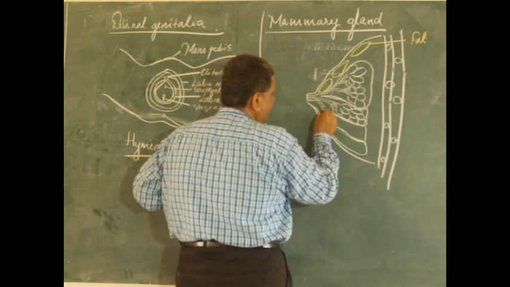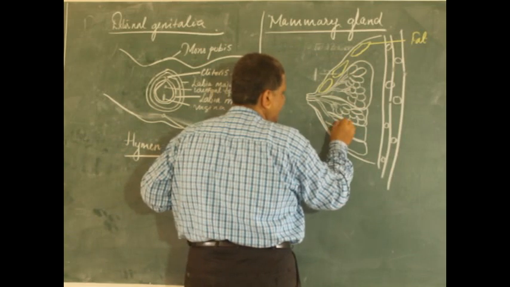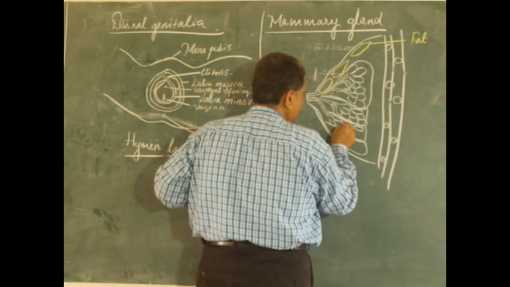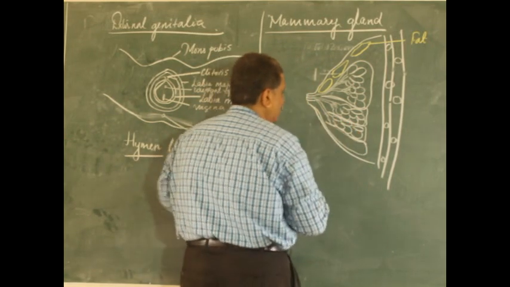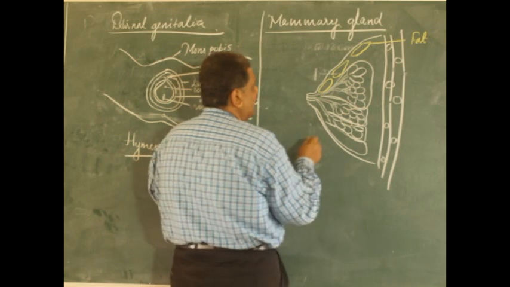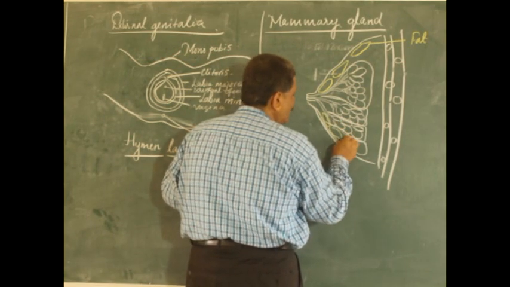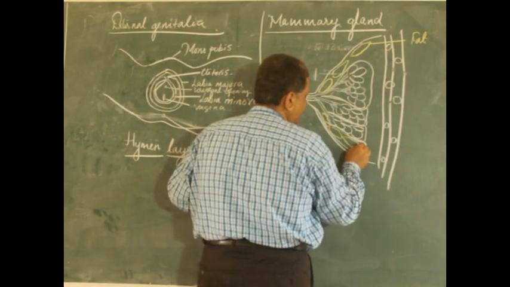Here, every mammary lobe possesses a duct, like this, and either side of the mammary gland is protected by fatty tissue, which helps to maintain the temperature.